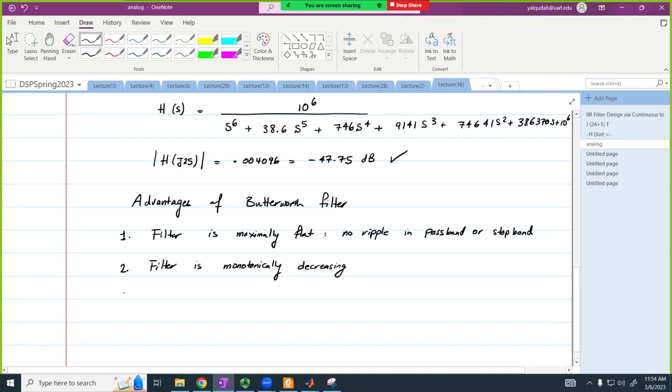And a third advantage, it is very simple. The only design specification is the cutoff frequency, stop band omega stop, and the alpha, the attenuation in the stop band.